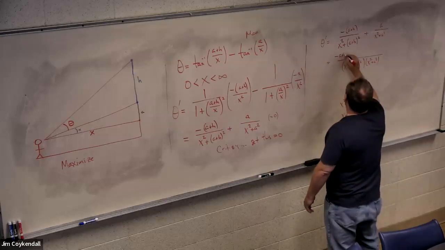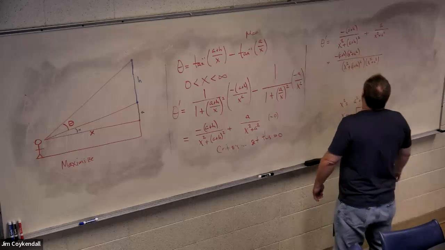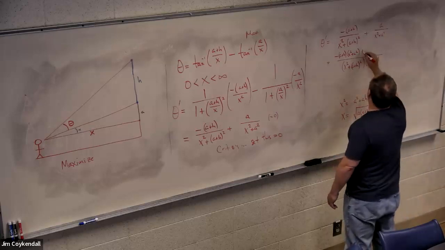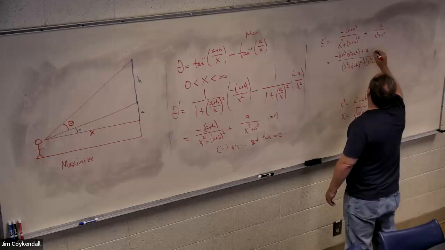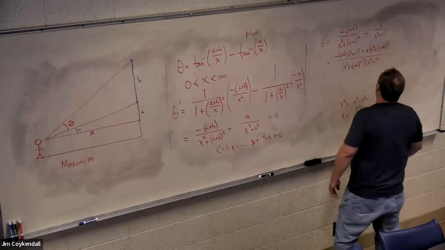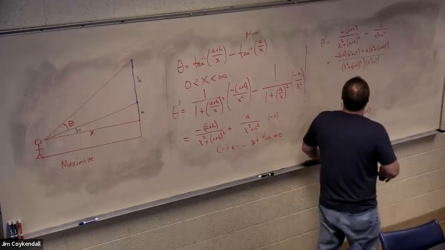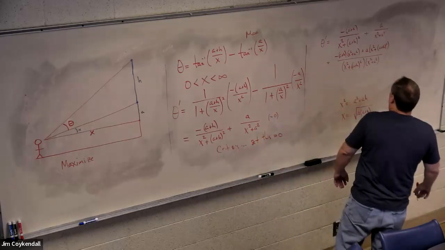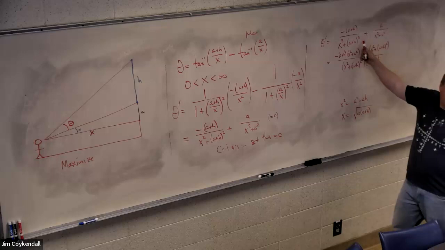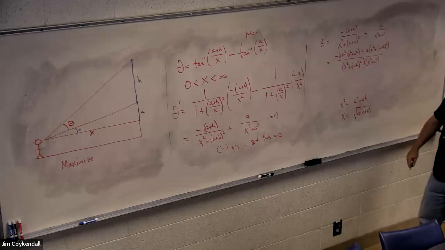I got minus a plus h x squared plus a squared, and I've got plus a x squared plus a plus h. Here's the first derivative, right? Now we're over a common denominator.